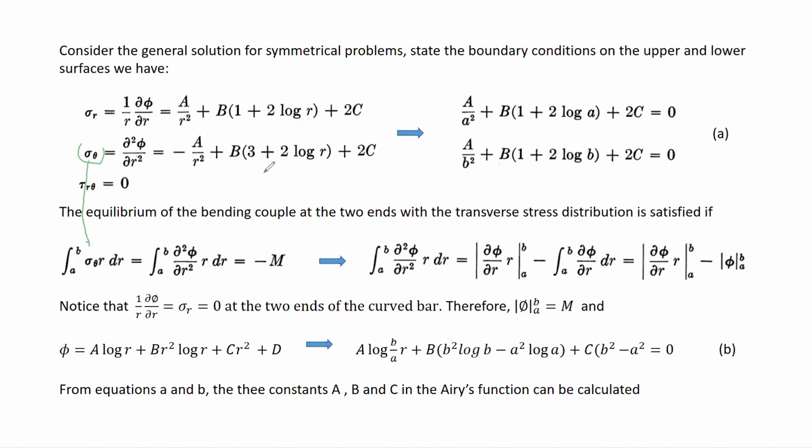our textbook, Mr. Timoshenko, tried to work it in another fashion. Instead of sigma theta, we express it in terms of the Airy function. Sigma theta, we know that it's the derivative of phi with respect to r twice. So let us get that integration.